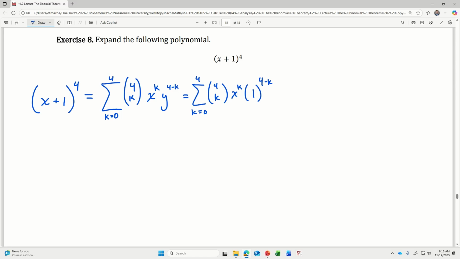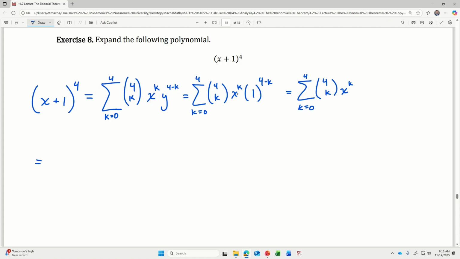But 1 to the 0 power is 1. 1 squared is 1. 1 cubed is 1. 1 to the 4th power is 1. So I don't need to bother multiplying by 1. And like I said, there's going to be 5 total terms.